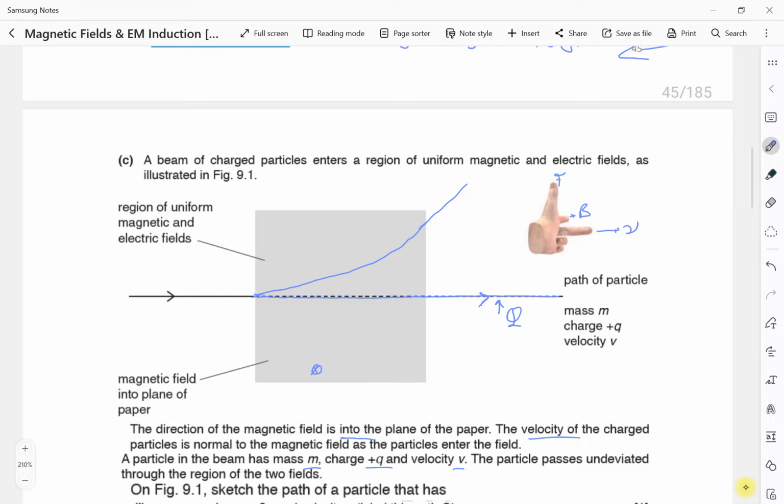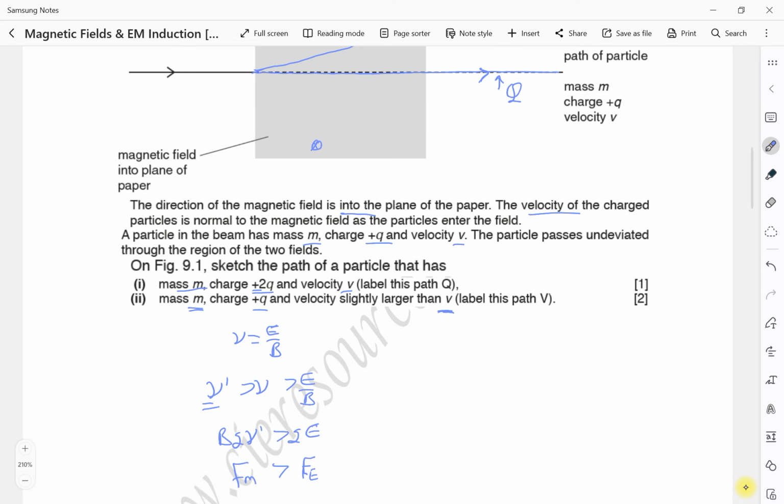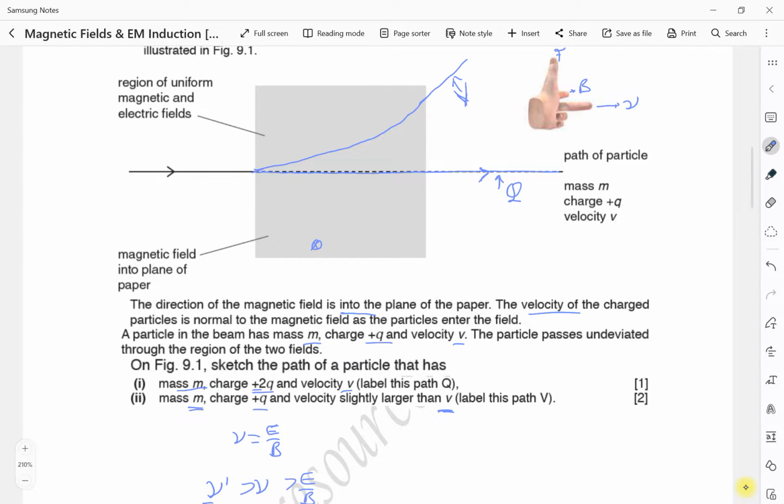Okay, so I'm going to label this capital V. If the speed was slightly less than v, it would mean that the electric force is greater than the magnetic force. And since the electric force is downwards, then it would mean the deflection would be downwards. So that is the solution to that question.